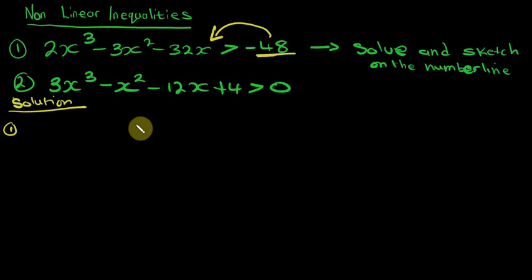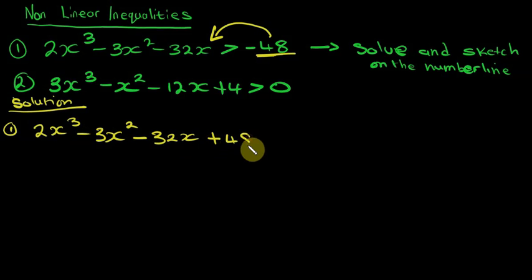If we move this to the other side, the sign will change. So 2x cubed as it is, minus 3x squared as it is, minus 32x plus 48, because it jumped over the sign. Everything on this side is greater than 0.